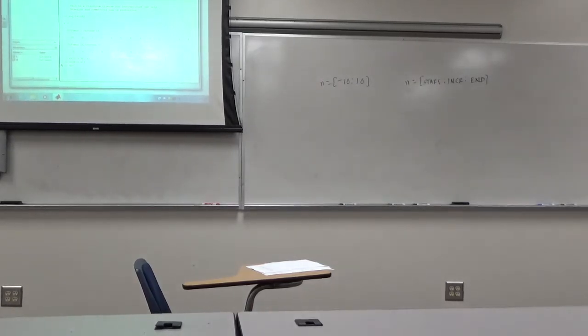So x2 equals, in parentheses, n greater than or equal to -2, and n less than 5. Okay. And I'm going to leave out the semicolon.